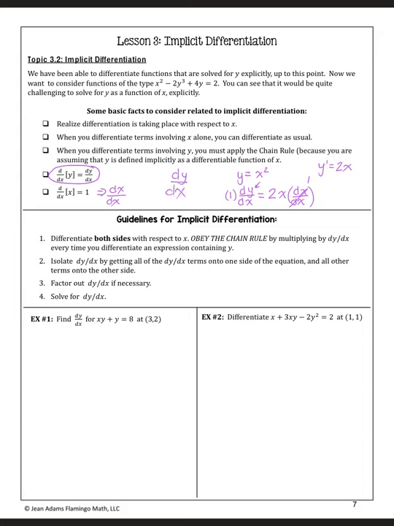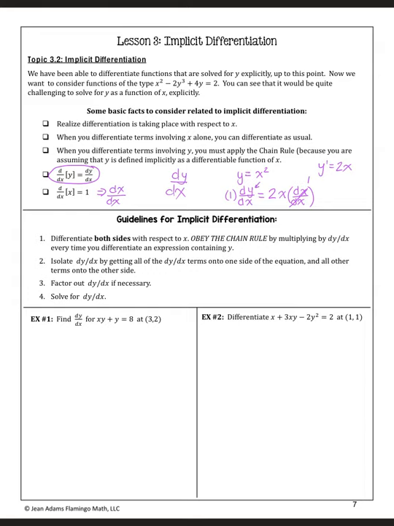Differentiate both sides with respect to x, obeying the chain rule. Then isolate dy dx by getting all of the terms with dy dx on one side of the equation and all other terms on the other side.